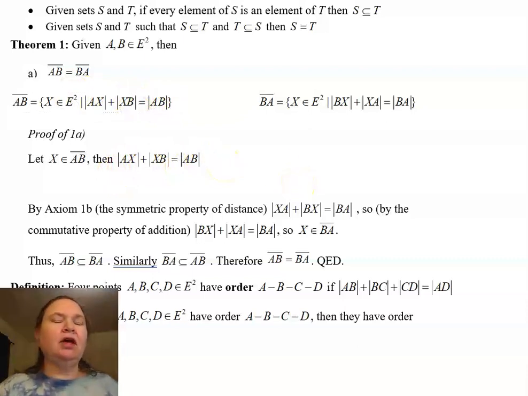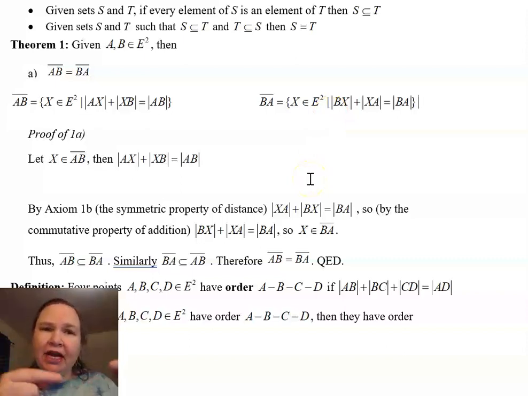All right, I need to next prove that X is therefore an element of this set over here. And to be an element of this set over here, it has to satisfy this property. So when I look at this, those equations are actually really similar. If I had all of the commutative laws that I needed, this would just be a commutative law thing.